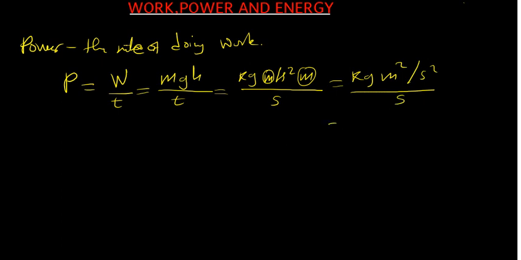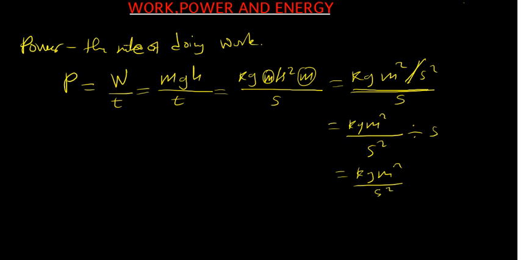So we can also say this is the same as kg meter squared divided by second squared, and then this is over, which we can write as divided by s. So it can give us kg meter squared over second squared times 1 over second, which is going to give us kg meter squared over second to the power 3.